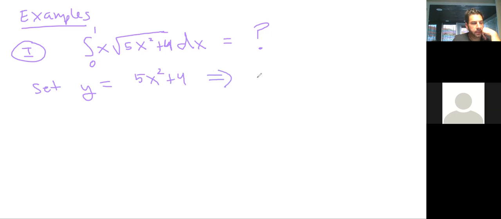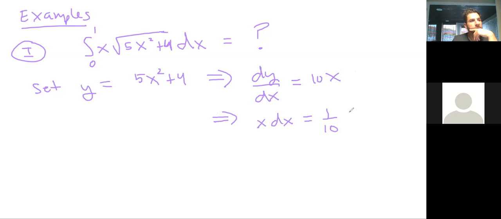And that implies that dy dx is 10x. And we can rewrite this, if we'd like, to say that x dx, notice I'm going to do this a little differently this time, is 1/10 dy. So you might take a moment to think about why I wrote it that way.